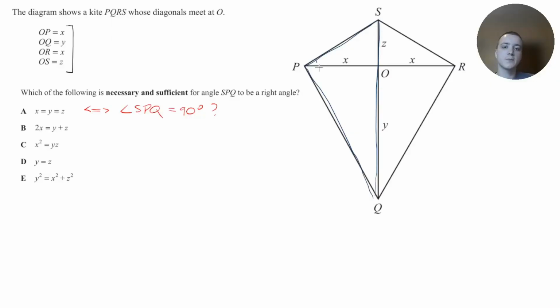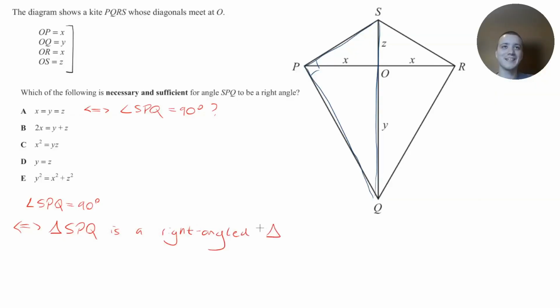Now, we want this angle SPQ to be 90 degrees, and PSQ is certainly a triangle, which means that angle SPQ being 90 degrees is going to be equivalent to the triangle SPQ being a right-angled triangle.